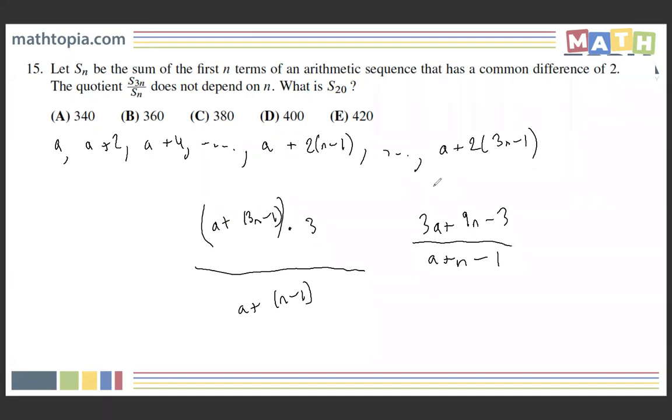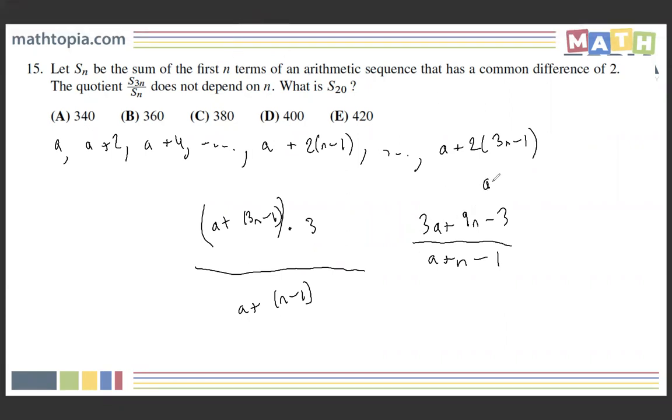Okay, but the only way for this to happen is basically if we can get the n's to cancel, right? We want this to not depend on the value of n. So the way we could get the n's to cancel is by making these two equal to 0, right? We can make them both equal to 0 by making a equal to 1.